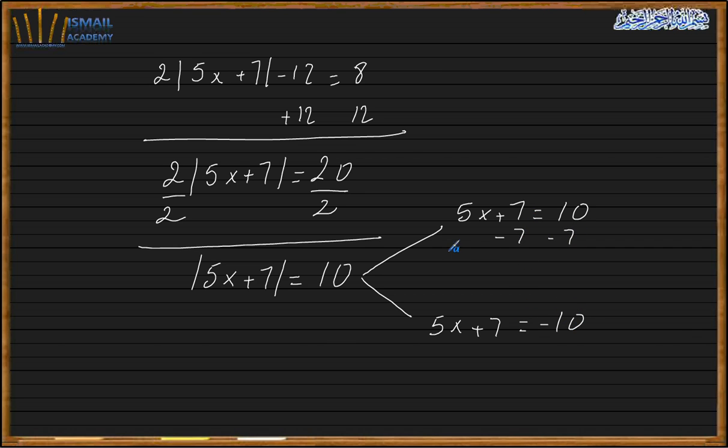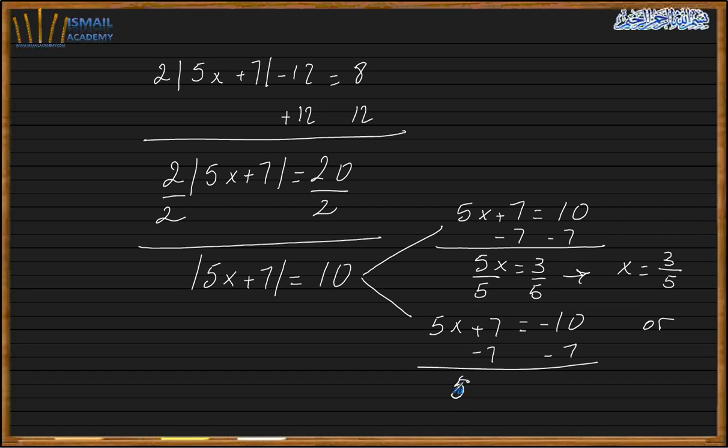Minus 7, minus 7: 5x equals 3, divided by 5, so x will be 3 over 5. Or here, minus 7, minus 7: 5x equals minus 17, divided by 5, so x will be minus 17 over 5. Those are my solutions for that equation.